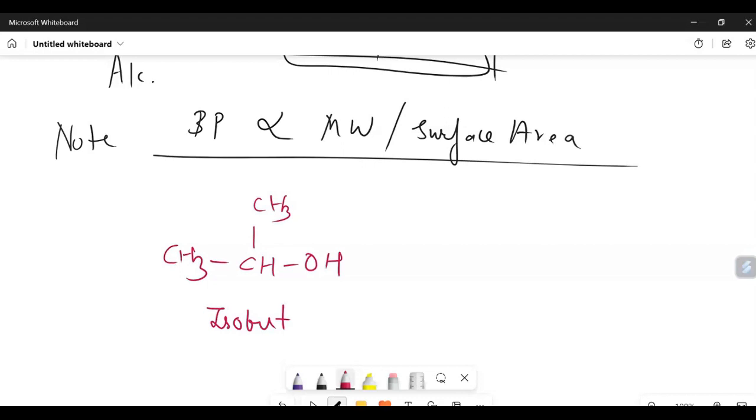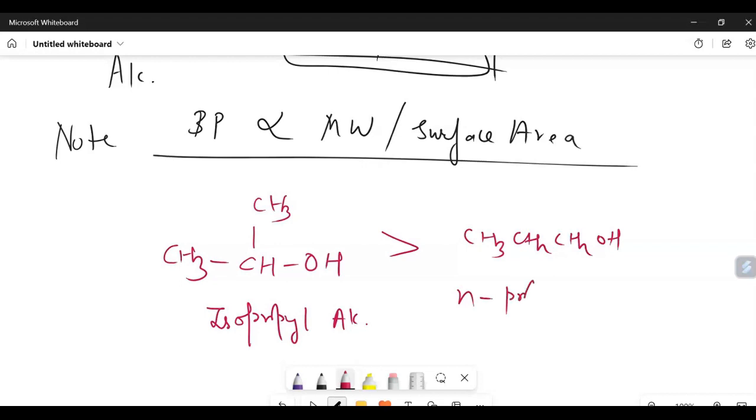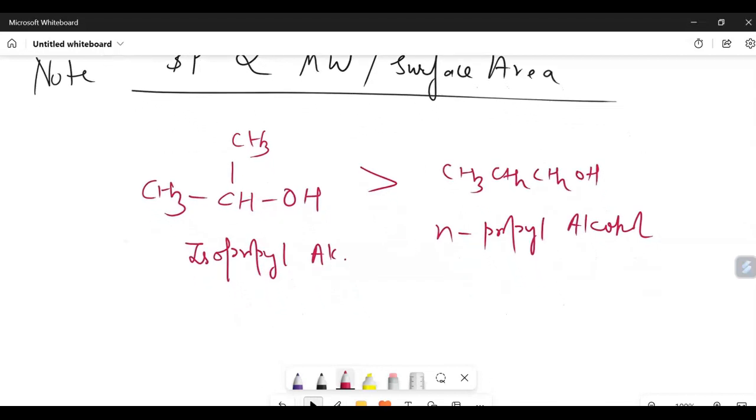What is this? Isopropyl alcohol. Its boiling point must be greater than CH3CH2CH2OH, propyl alcohol. So you must remember that. And the butyl one is much greater.